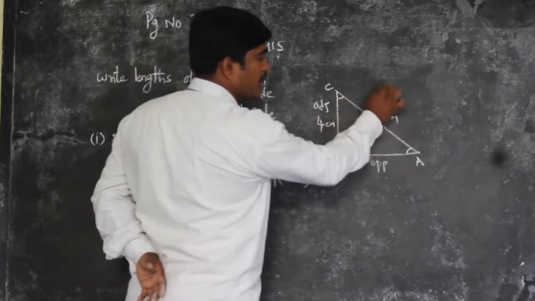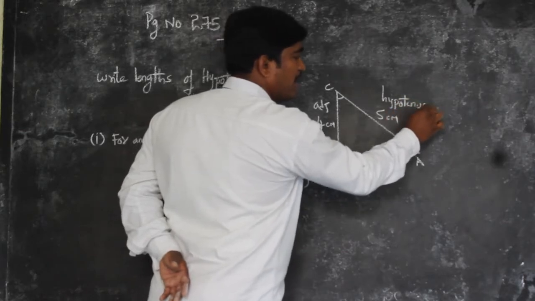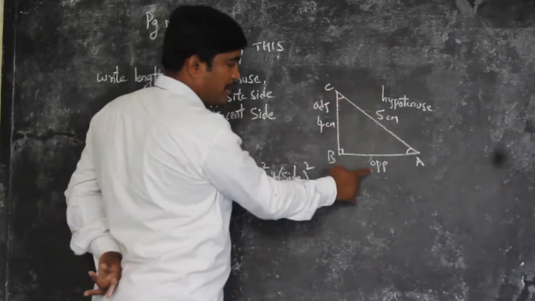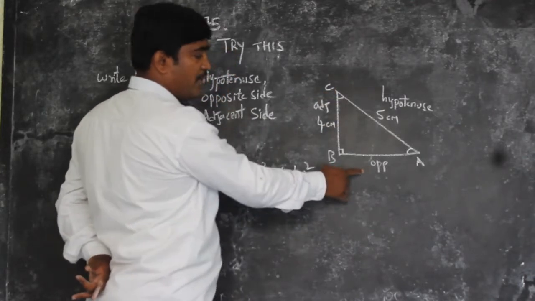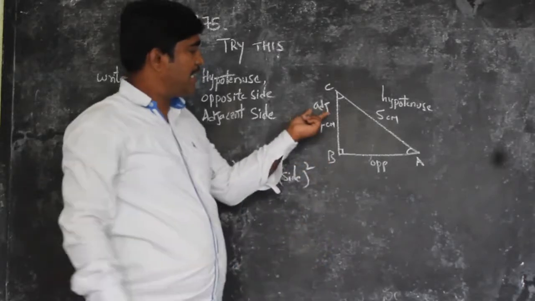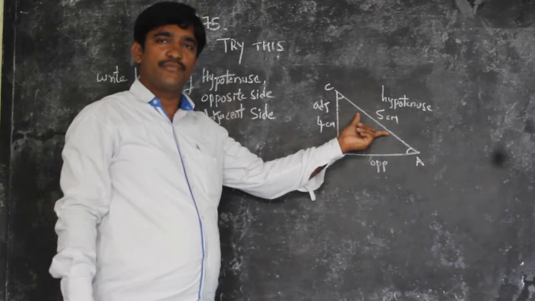The longest is always the hypotenuse. This is the naming of the sides of triangle CBA. BA is the opposite, whose value is unknown, CB is the adjacent with 4 centimeters, and the hypotenuse has the value 5 centimeters.